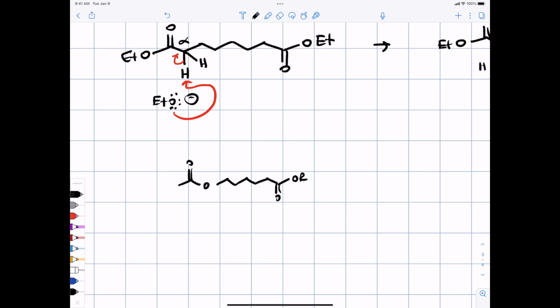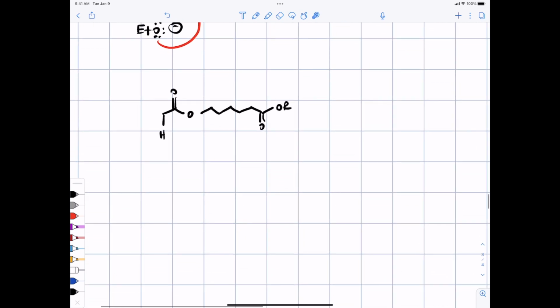Yes, I think that's a decent possibility, though I would be worried here that your base would attack this and do the substitution reaction instead of the Claisen reaction. So yeah, I guess that's possible. I would just be worried about it. What else? What makes that worrisome versus the other one?